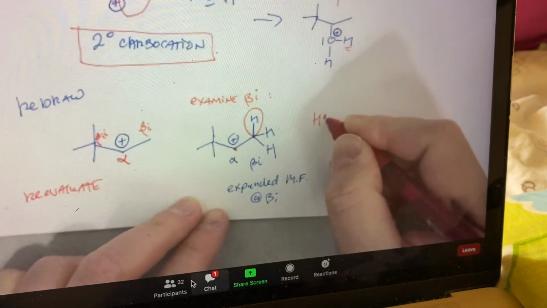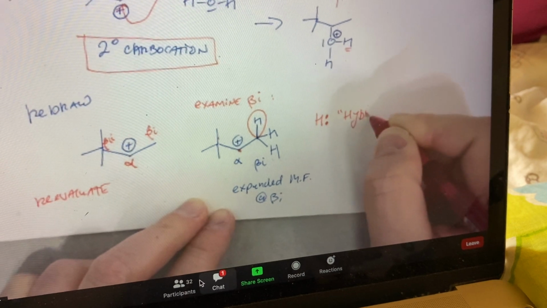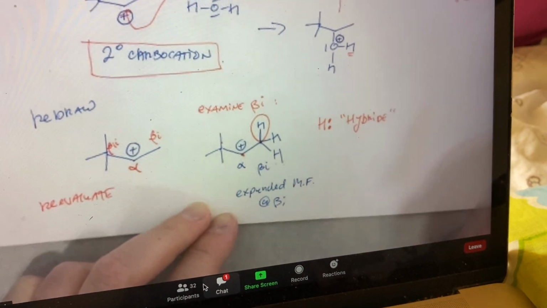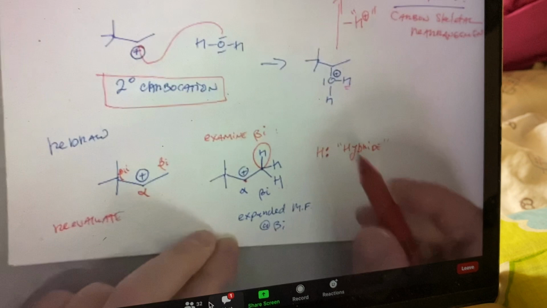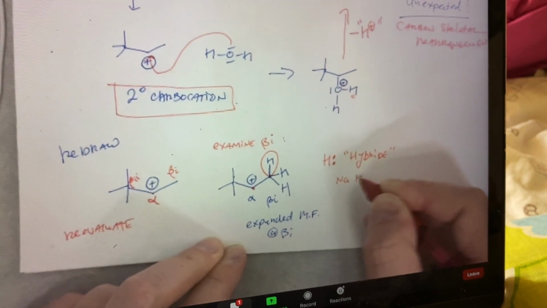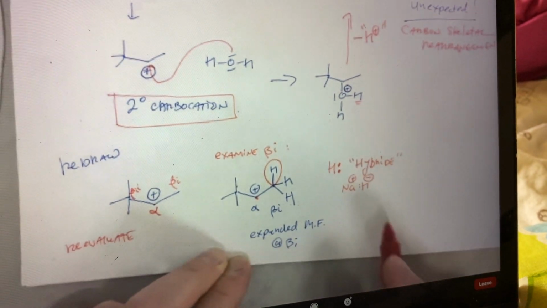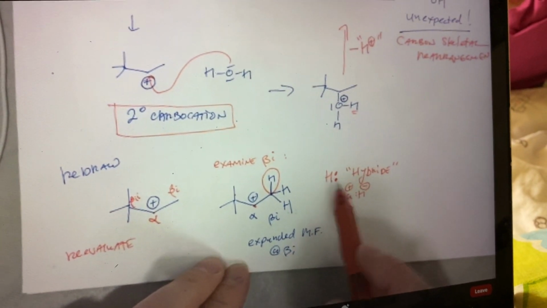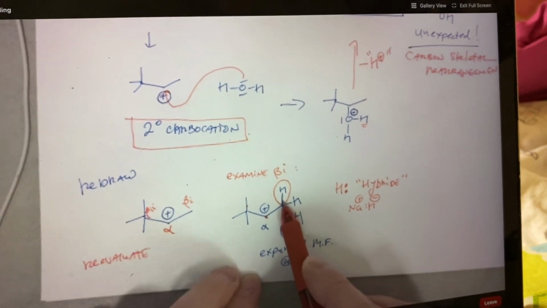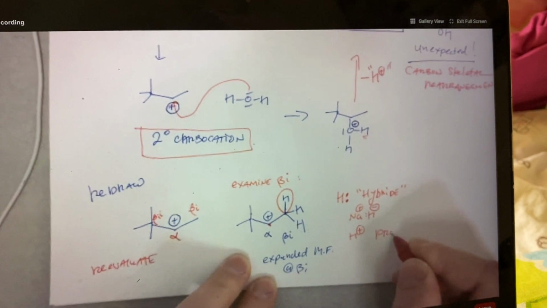hydrogen plus 2 electrons, is referred to as hydride. This is going to be called hydride, and this particular compound here is called sodium hydride. But this group with 2 electrons is called hydride. Hydrogen with no electrons is called a proton.